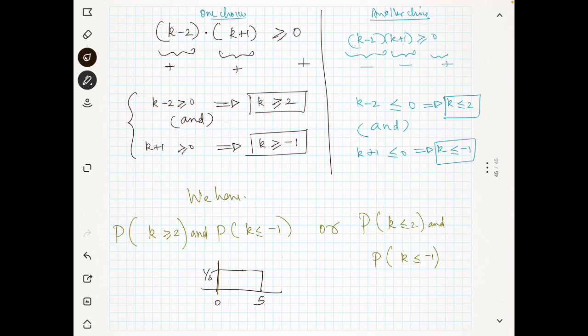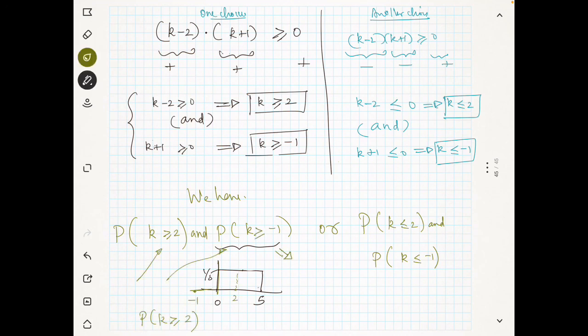There is the probability that k greater than plus 1. Sorry, I have made a mistake, this is plus, greater than or equal to.